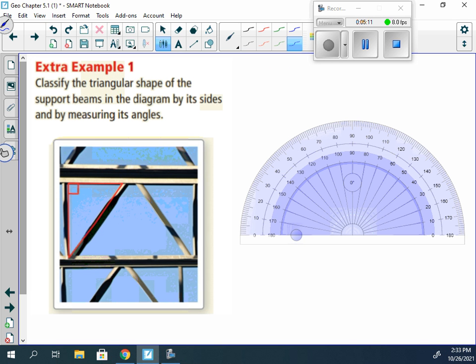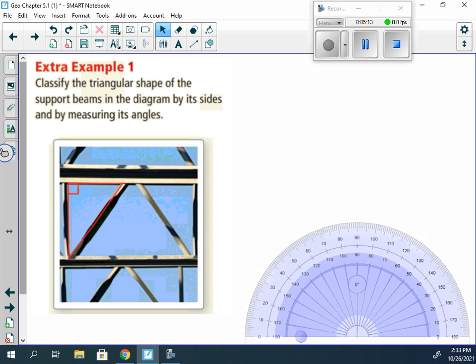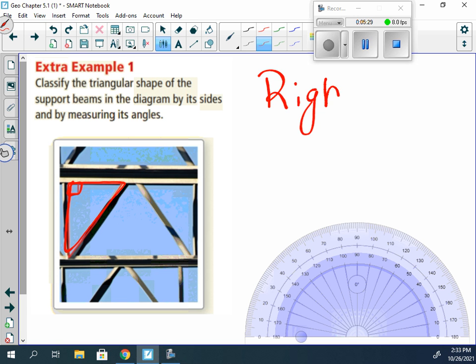So let's look at the next one. Looking at this triangle here, what can we name it? It does have a right angle, yes? So that means it's a what? So it is going to be a right triangle. Because it's going to be right, because it has a right angle.